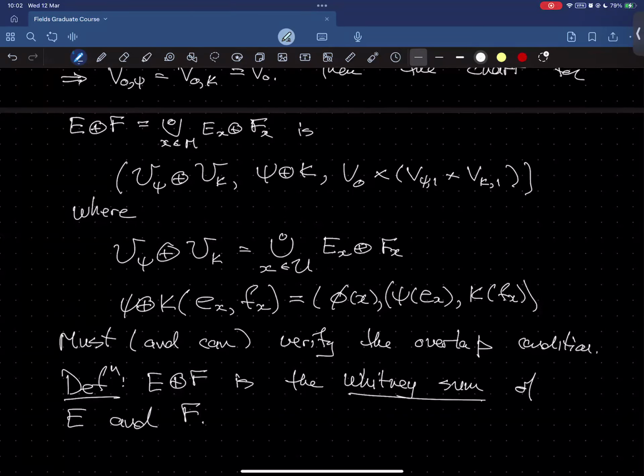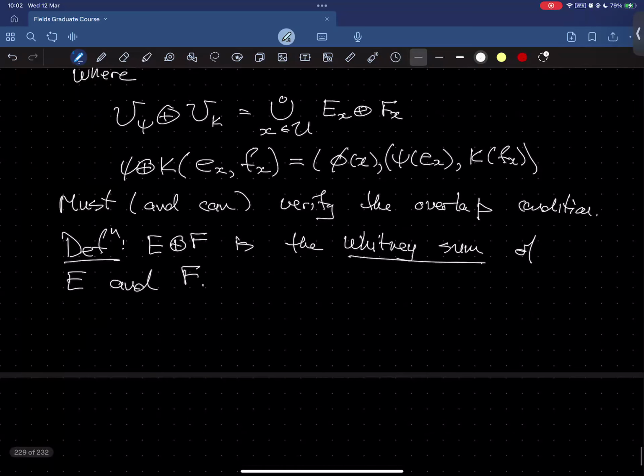Of all the things that Whitney did, this is one of the least exciting, but it still bears his name. So there's a construction of vector bundles: you take the sums of the fibers.